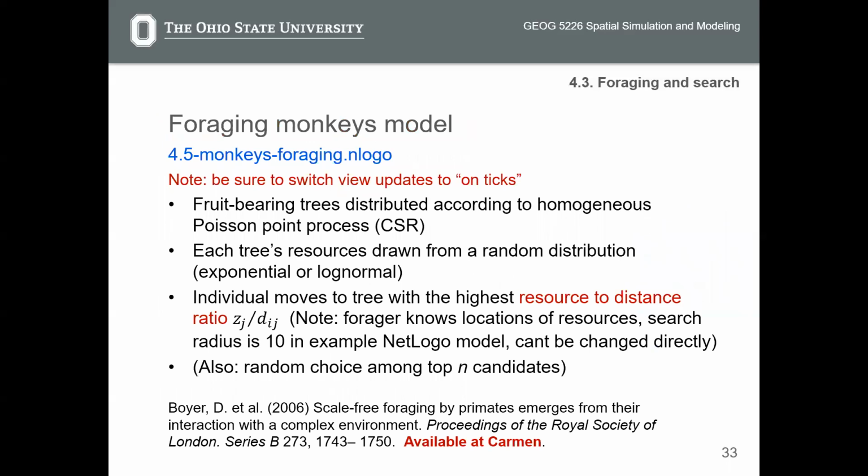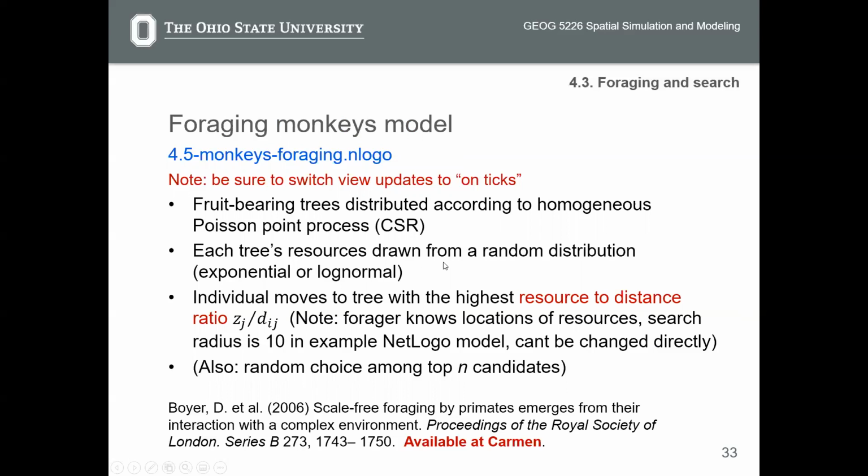So the foraging monkeys model, model 4.5, you can find it in our textbook model library. There are fruit-bearing trees distributed according to, say, CSR, or a homogeneous Poisson point distribution. What is CSR? A CSR distribution is a distribution that does not have first-order structure and does not have second-order structure.